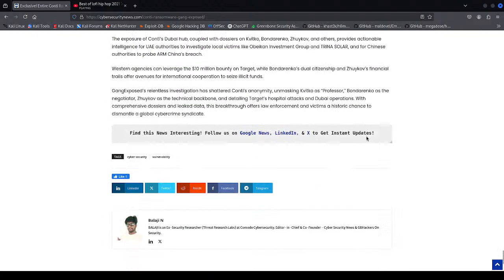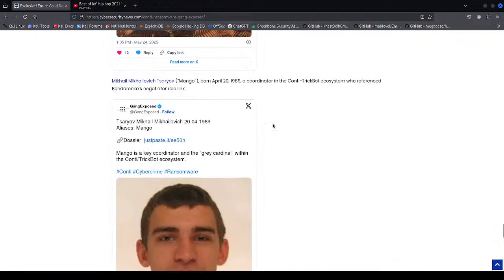Western agencies can leverage the $10 million bounty on targets, while Bondarenko's dual citizenship and financial trails offer avenues for international cooperation to seize illicit funds. Gang exposed's relentless investigation has shattered Conti's anonymity, unmasking this guy and this guy. That is such an interesting article.